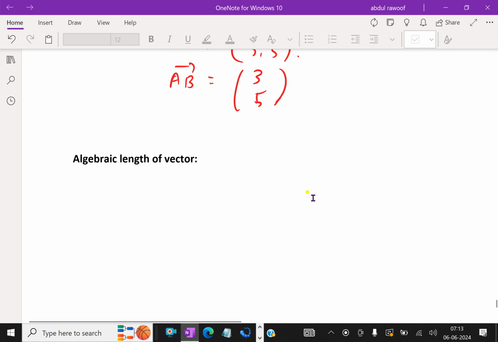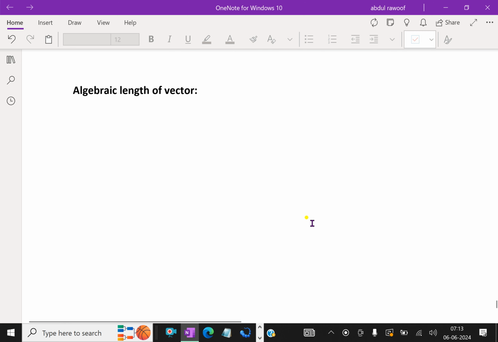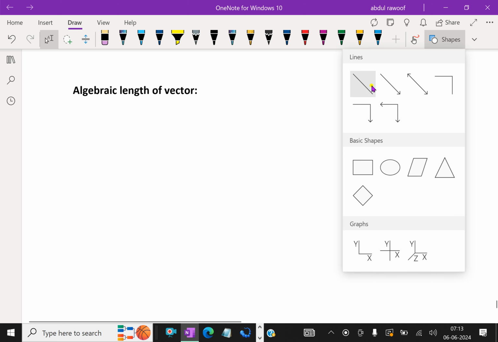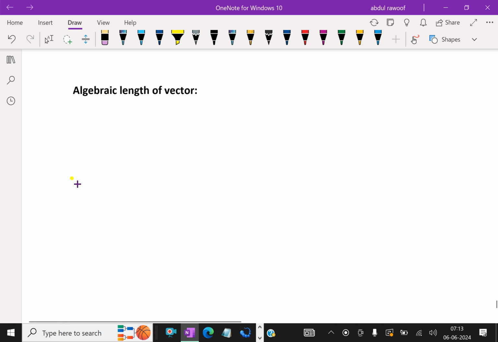We have to find the magnitude of the given vector, that is the algebraic length of the vector. Consider a vector; you have to find the length of this vector. Suppose this is vector A. Now you have to drop a perpendicular and a horizontal from the endpoint and starting point.